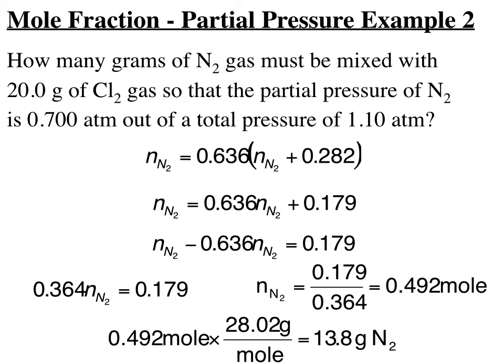That has to equal 0.179. So now I'm going to divide both sides by 0.364, and I get the moles of N2 must be 0.492. Now if I take that 0.492 moles of N2 times the molar mass of N2, I would find that I need to mix 13.8 grams of N2 with the 20 grams of Cl2 in order to get the partial pressure of N2 in the flask to equal 0.7 atmospheres.